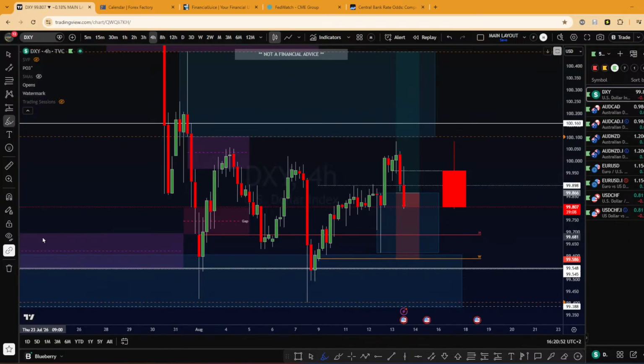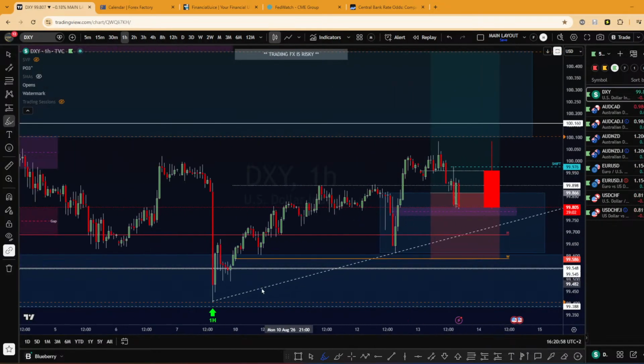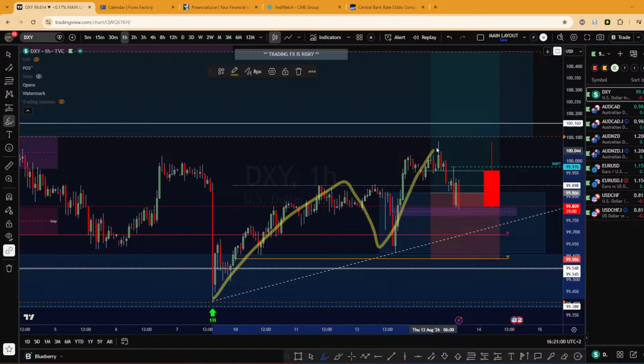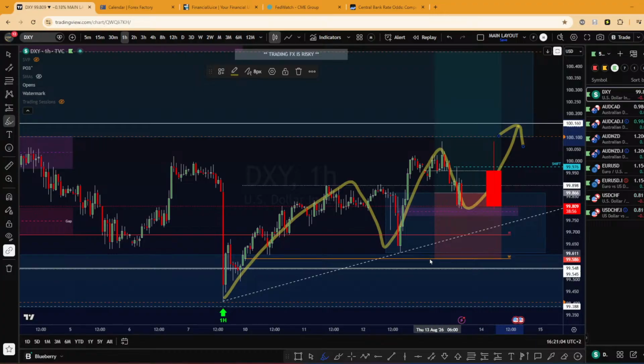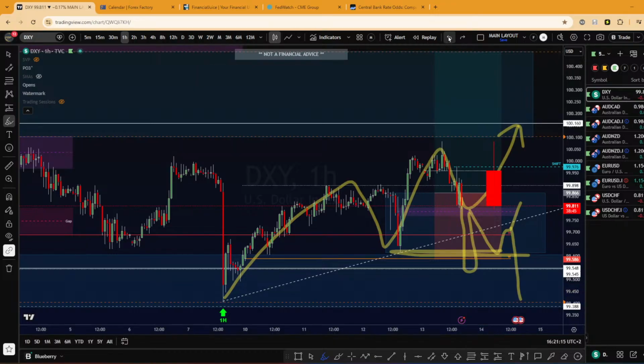So yeah, as I said, on my lower time frame, this is my structure. This is what I expect. This is my last line of defense. If I see price close below here, then my trade idea will be over.